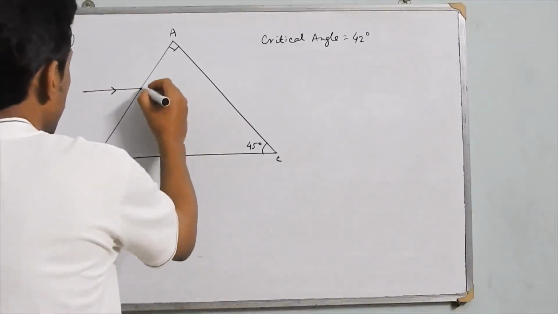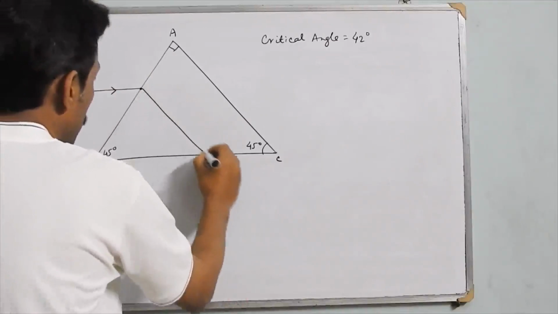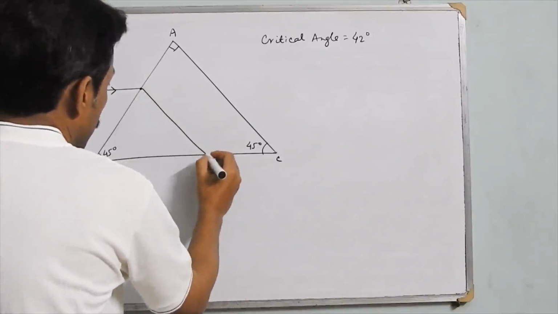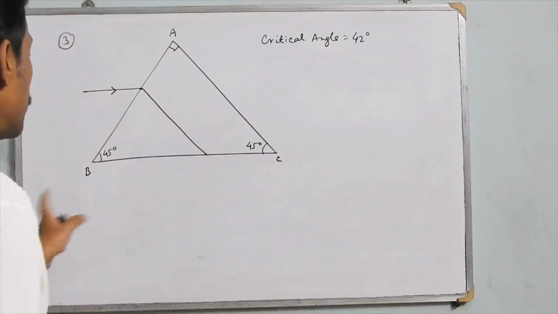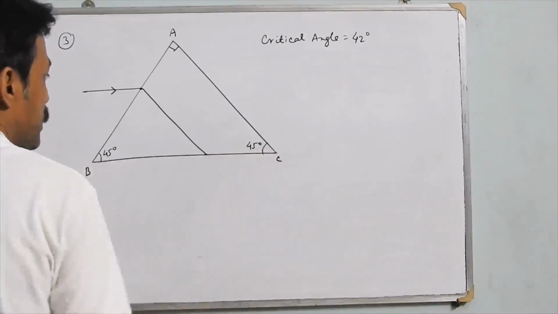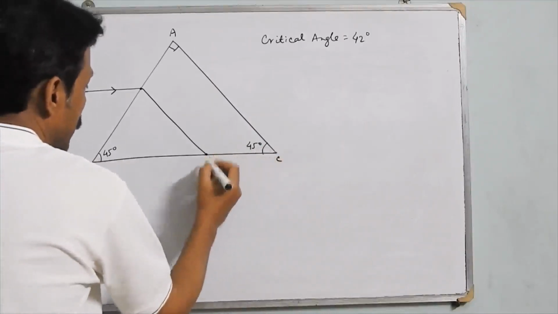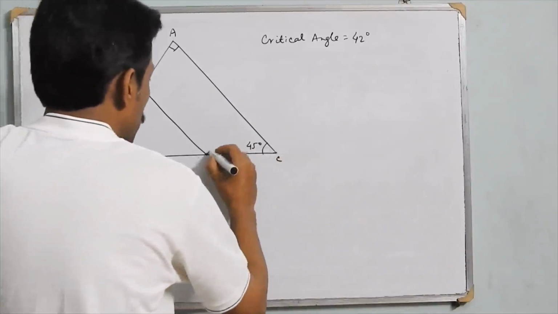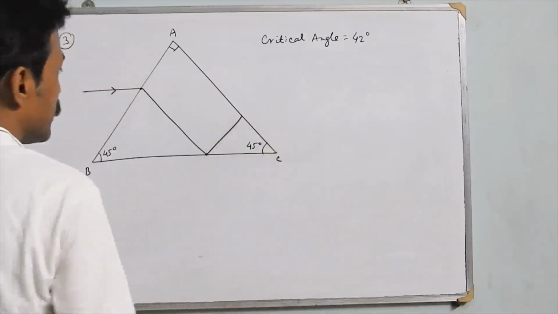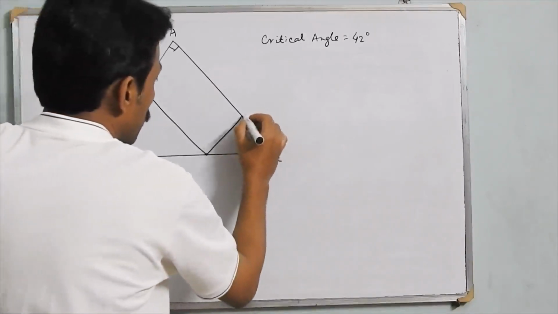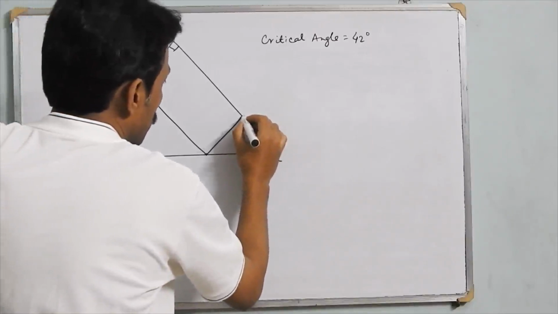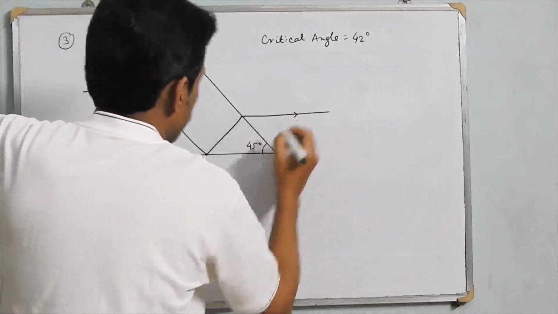It will bend towards the normal and it will be incident on the surface BC at some point in such a manner that it will undergo total internal reflection and then it will move parallel to the base of the prism.